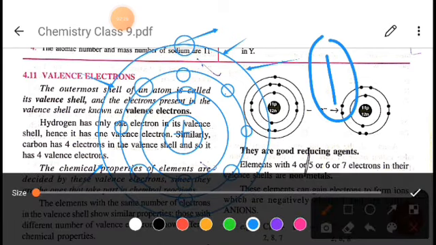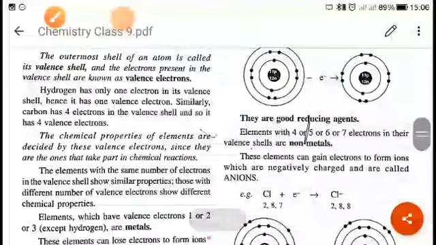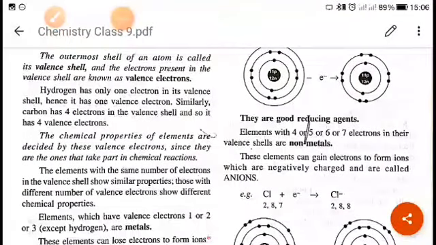Now next is some more about valence electron. Hydrogen has only one electron, so its number of valence electrons will be 1 only. The chemical properties of an element are decided by these valence electrons only, since they are the ones that take part in chemical reactions.